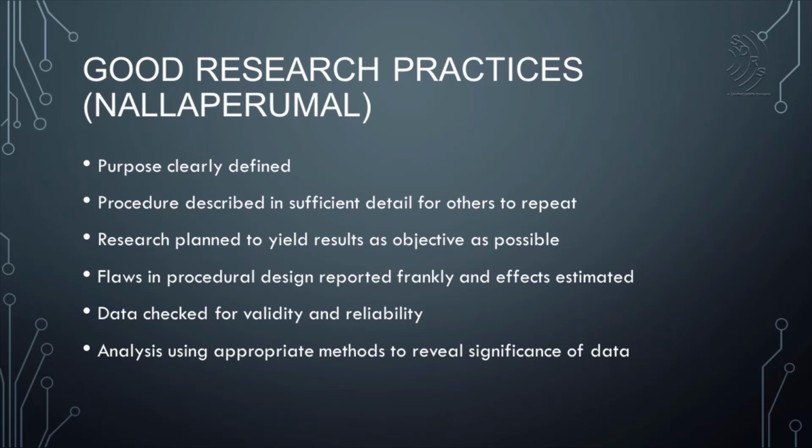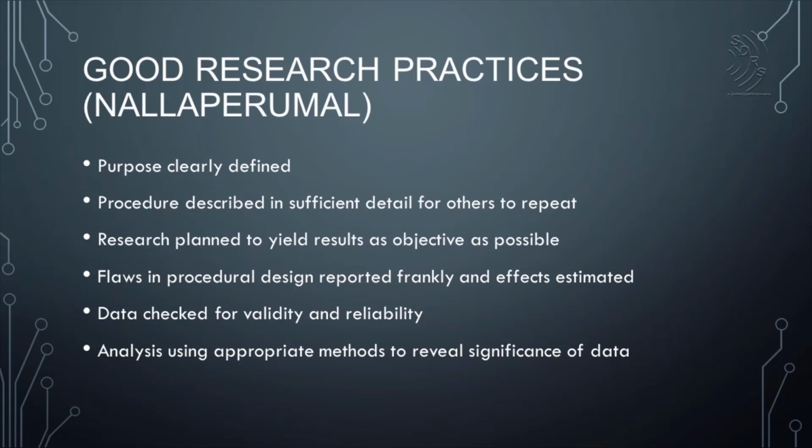If there are limitations in the methodology that you've used, or limitations that are inherent because of fundamental limitations of physics and so forth, you need to report these and also estimate how they may affect the results.